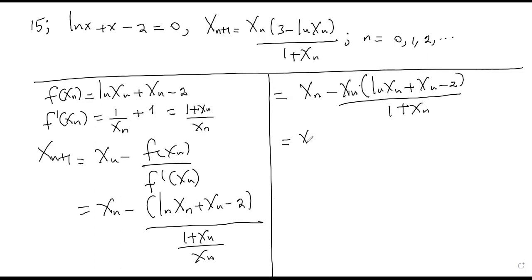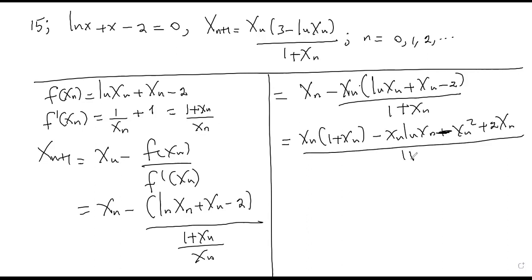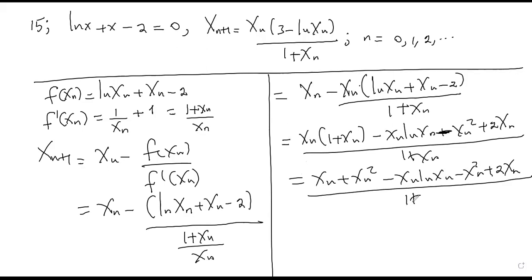This is equal to x_n into 1 plus x_n minus, you can expand, x_n ln x_n, minus x_n squared plus 2x_n, over 1 plus x_n. This is x_n plus x_n squared minus x_n ln x_n minus x_n squared plus twice x_n over 1 plus x_n.